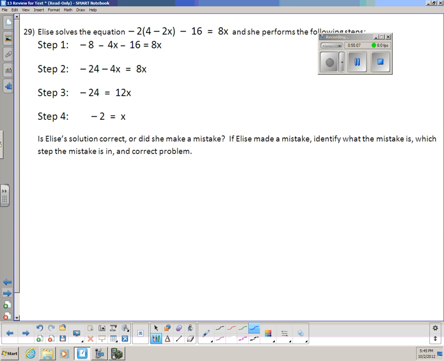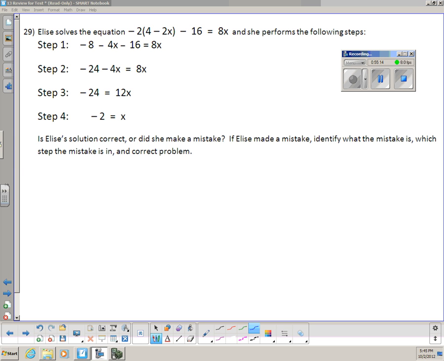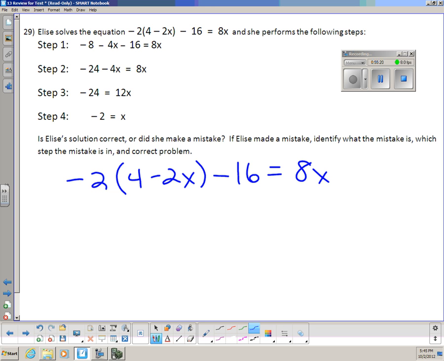One more. That's kind of funny that we're doing this because this problem is going to show us. So Elise solves the equation negative 2 times 4 minus 2x minus 16 equals 8x. I have to distribute. So I have negative 2 times 4 is negative 8.